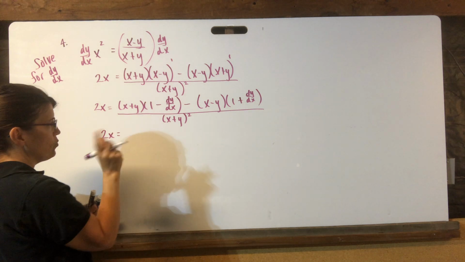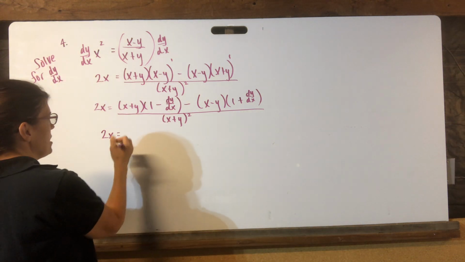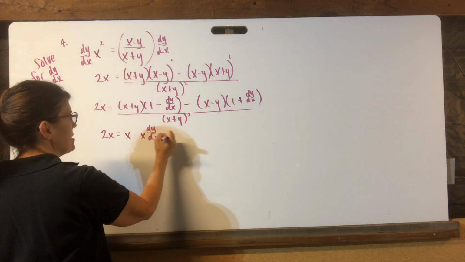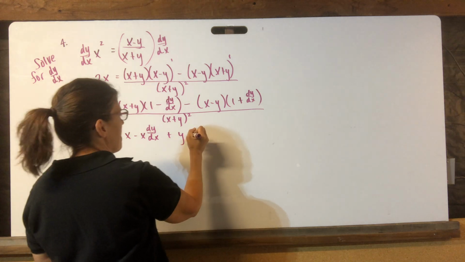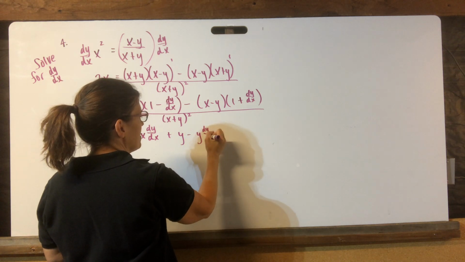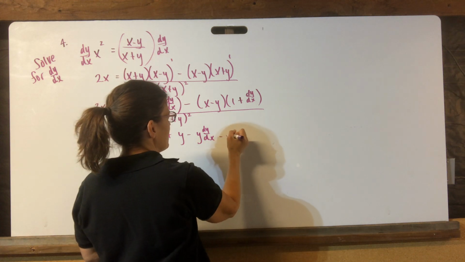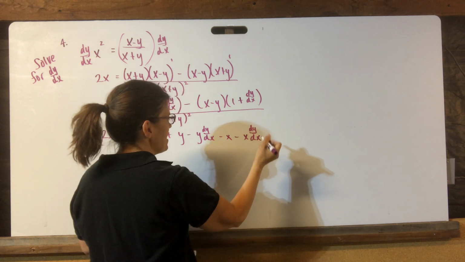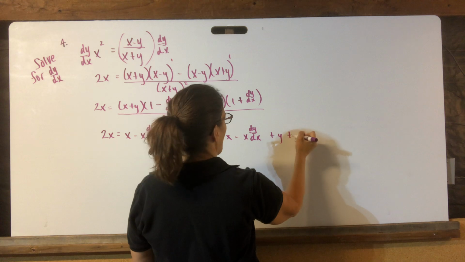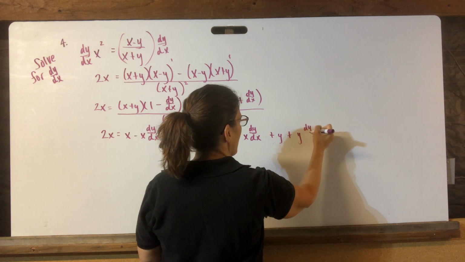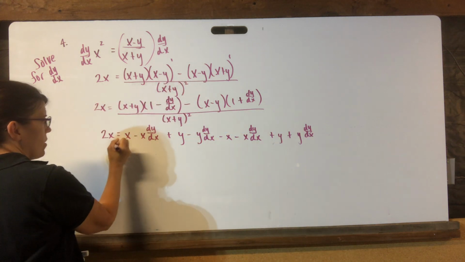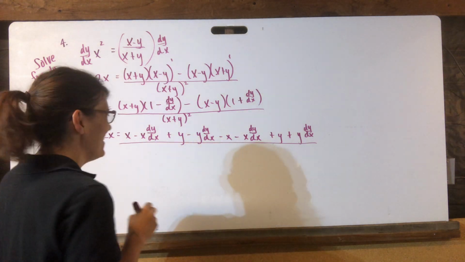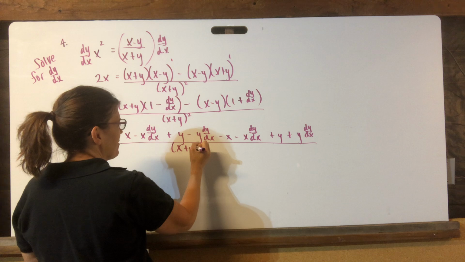So this becomes, I'm going to do one more step, and you can look at it on the PDF. x minus xy dy/dx plus y minus y dy/dx minus x dy/dx plus y dy/dx, all over, wow, finally a problem that takes up the whole board, over (x plus y) quantity squared.